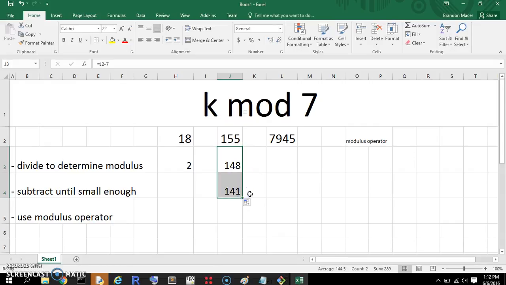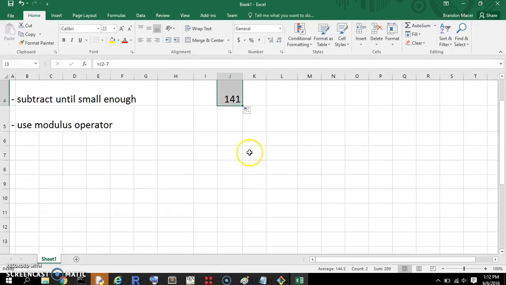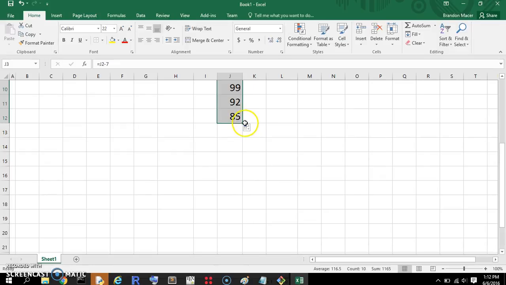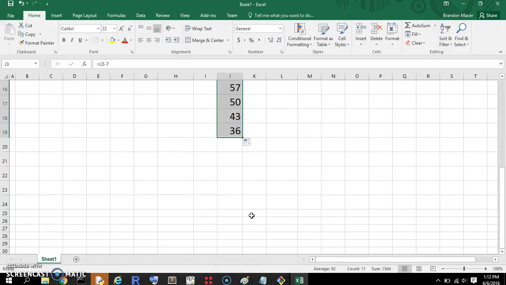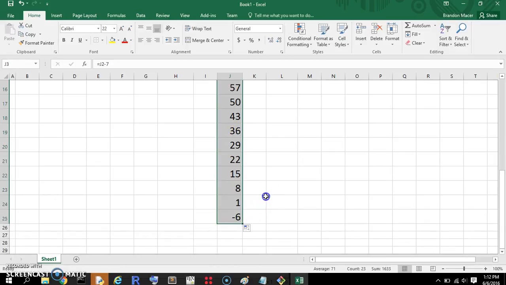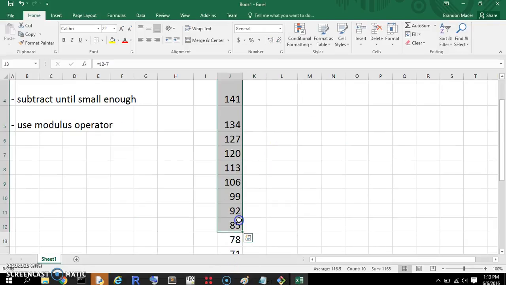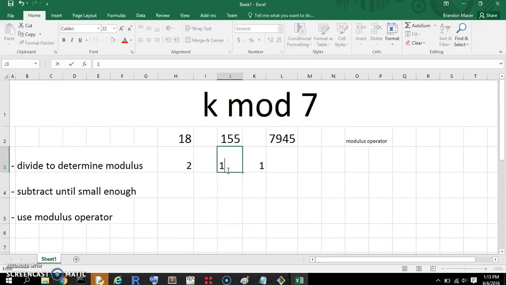Hopefully you know what I'm doing here as far as Excel formulas go. Just dragging it down, all the way until we get a value that is between 0 and 6, which is 1 less than what we're subtracting by. So this is 1. So 155 mod 7 equals 1.